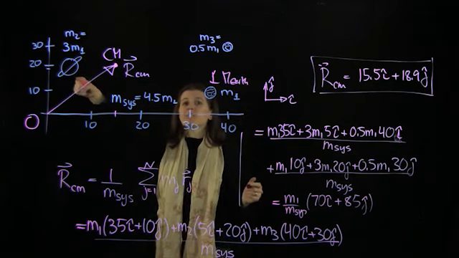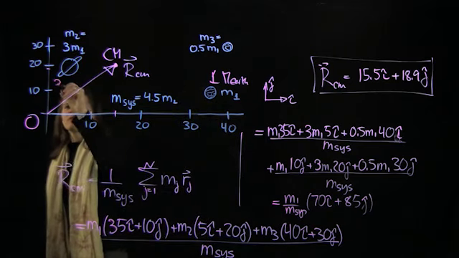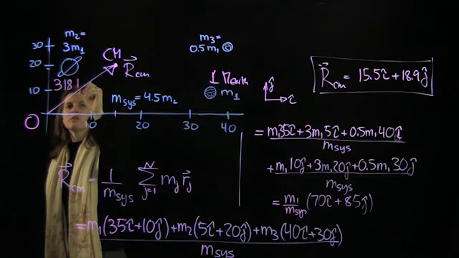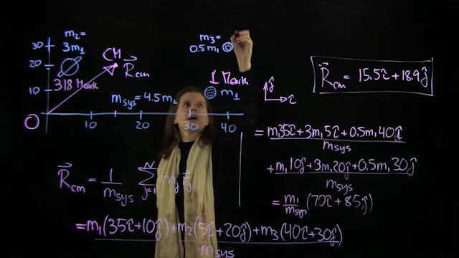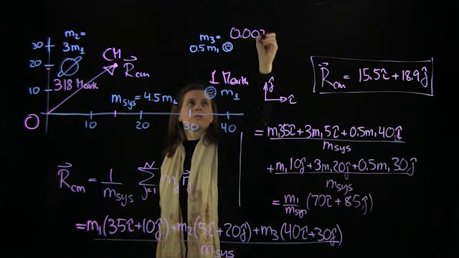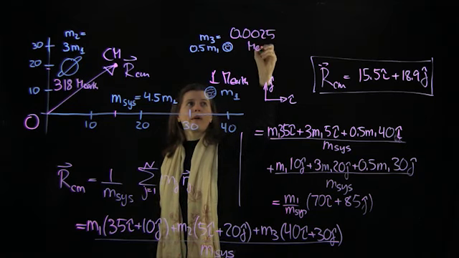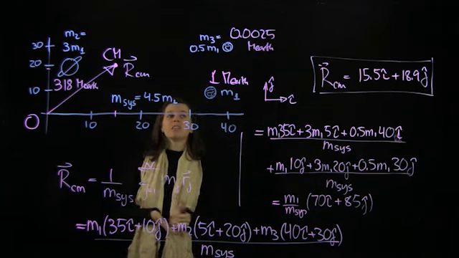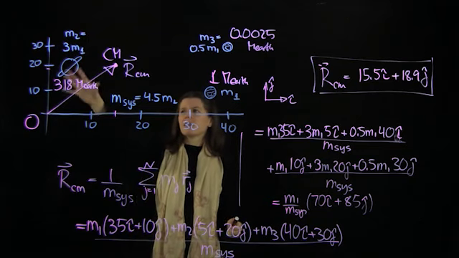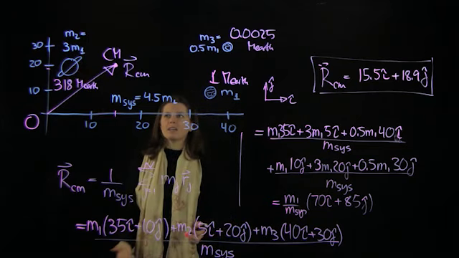And if this was Saturn, it would have something like 318 Earth masses. And if this is Pluto, it would have 0.0025 Earth masses. Yeah, you will see that Saturn really holds all the weight.